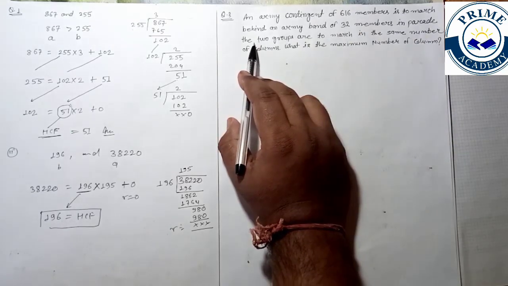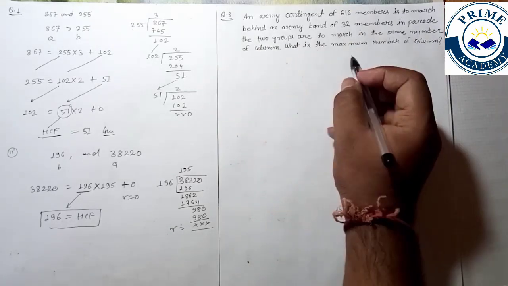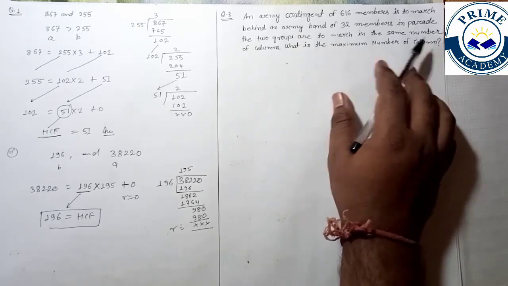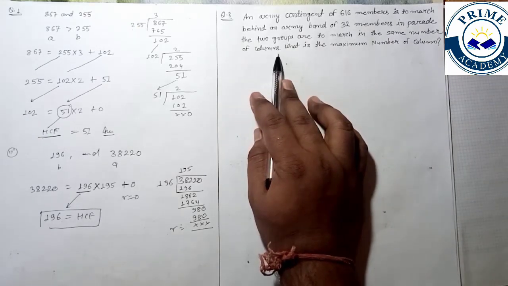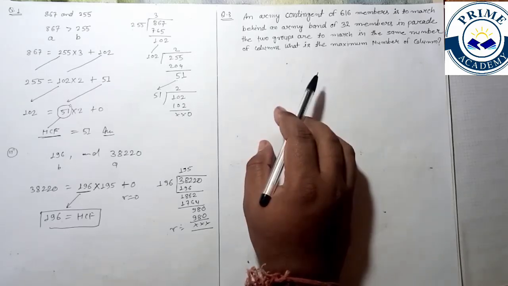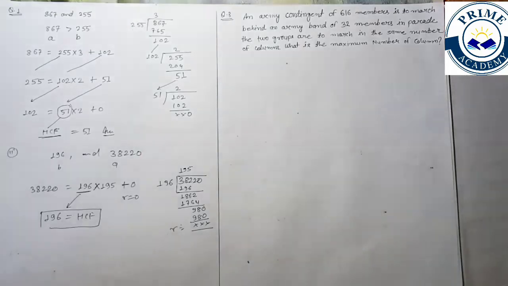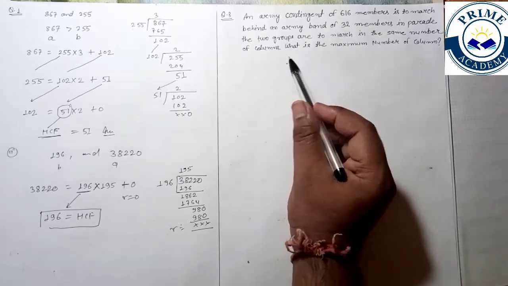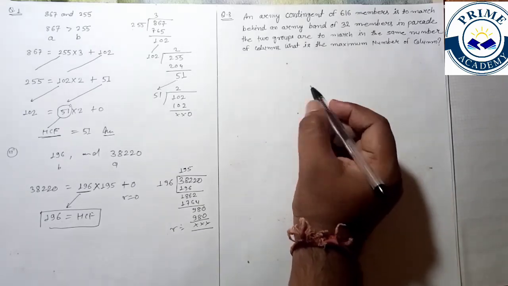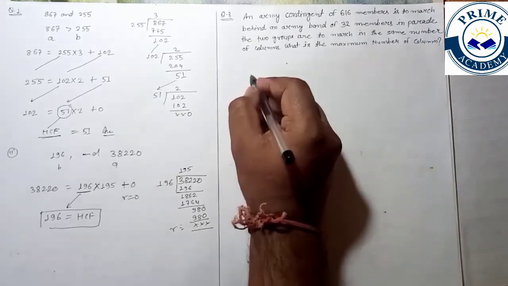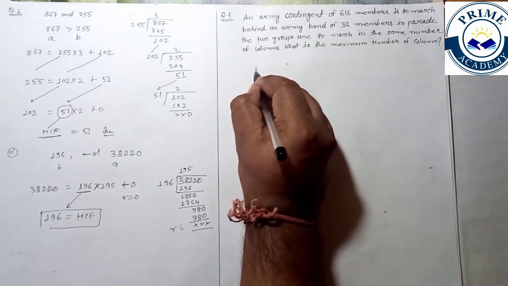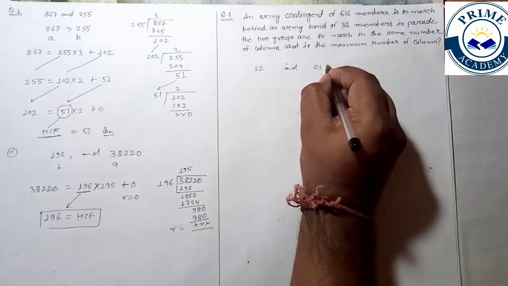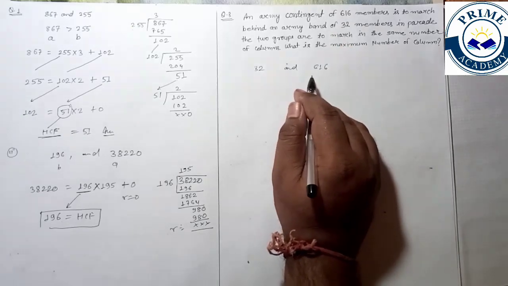The two groups are to march in the same number of columns. What is the maximum number of columns? This kind of problem is asked in Euclid division lemma. So you just apply Euclid division lemma. You have seen two numbers are there, 32 and 616 members.